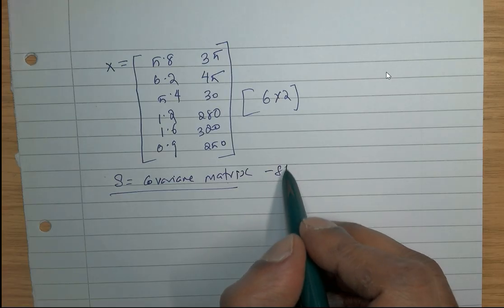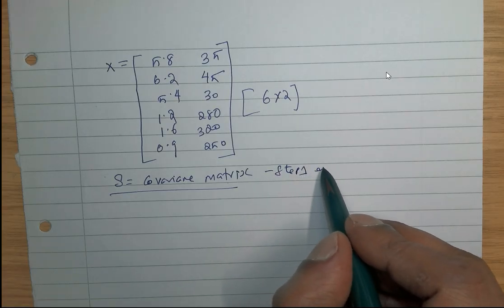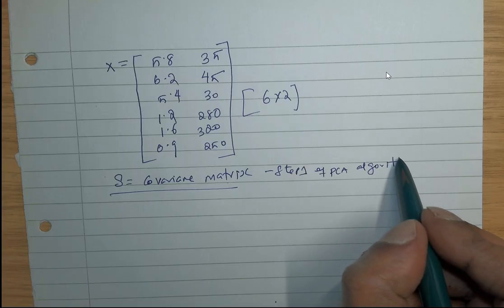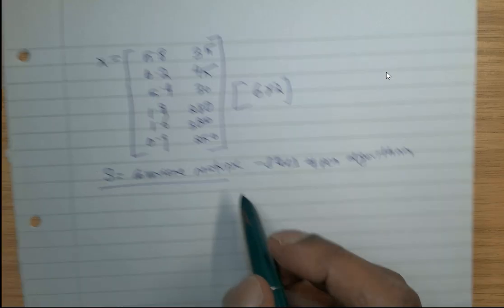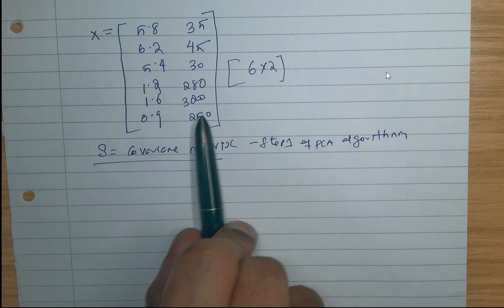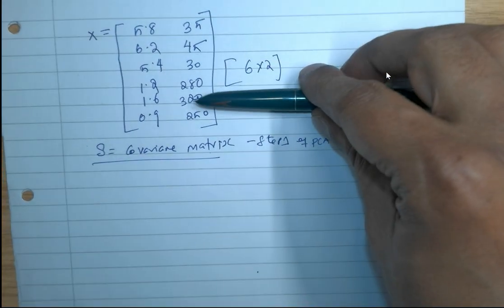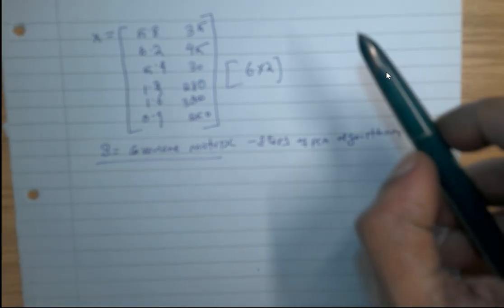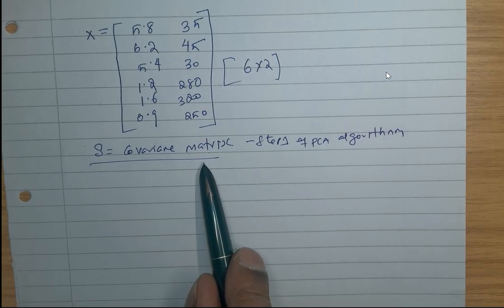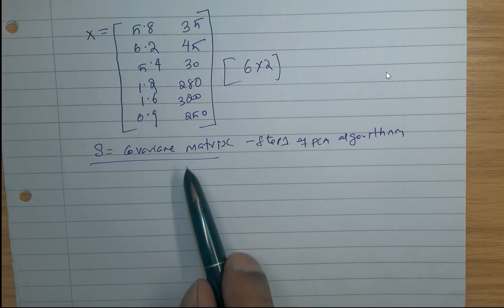So let's call this step 1 of the principal component analysis algorithm. Whether you have two columns or 100 columns, whether you have 6 rows or n rows, these rules will not change. It's going to be the same. So the first step is to calculate the covariance matrix.